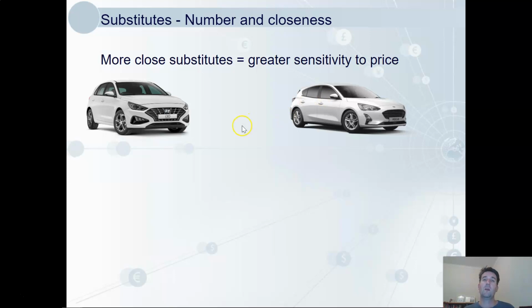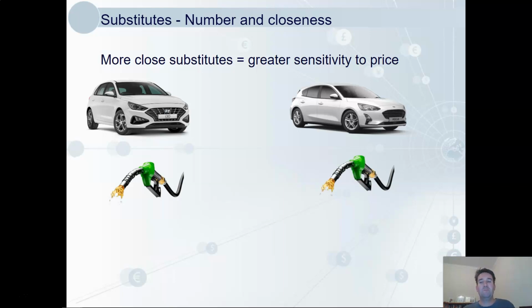What about petrol? If petrol prices go up, what do you do? Sure, you could buy an electric car or get an LPG conversion for your car, but these are very expensive options. So while electricity and LPG are substitutes for petrol, they aren't really close substitutes. So you're going to buy petrol.